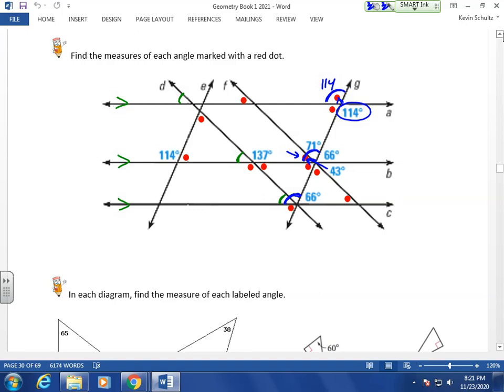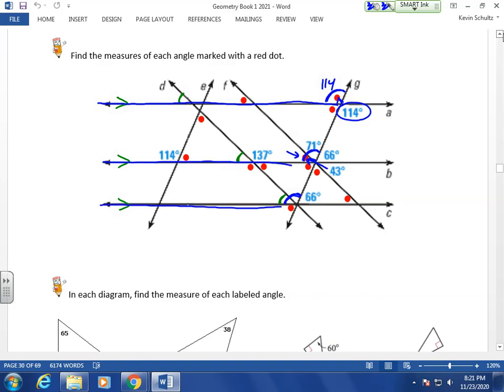So the other thing I'm going to point out, though, is to be careful of relationships that exist here. You may think that those are consecutive interior angles, okay? But they actually aren't, because the lines that are being intersected are these horizontal lines here.